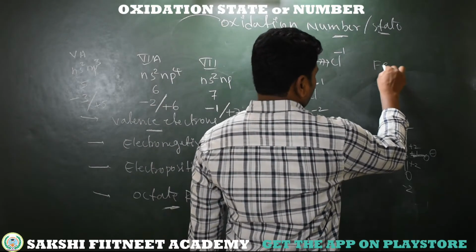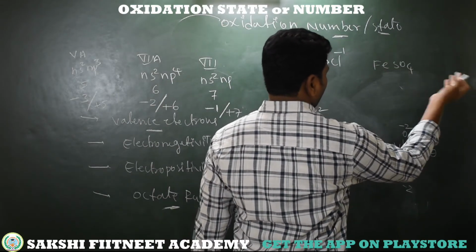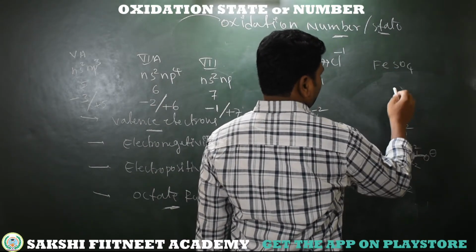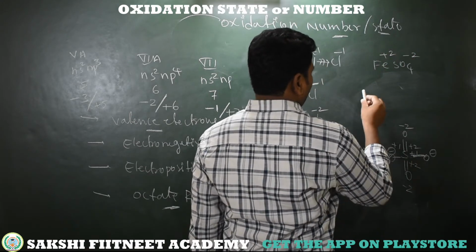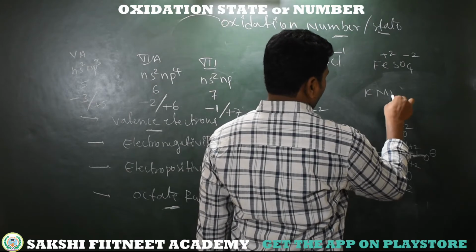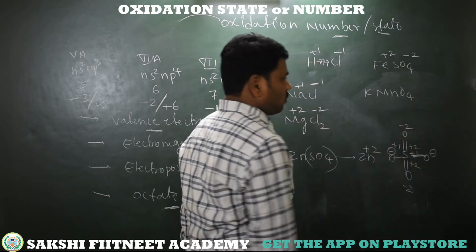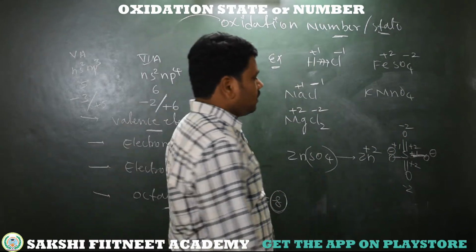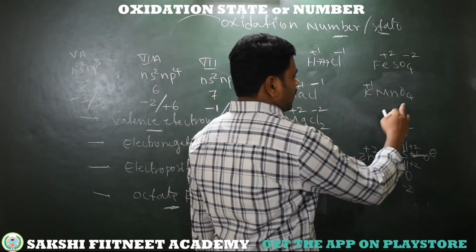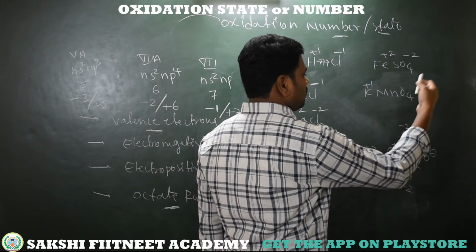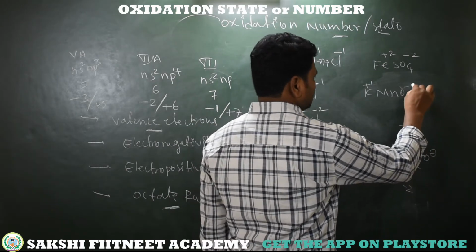I'm taking another example. This is FeSO4. So overall SO4 exhibits -2, so ferrous should be +2. And what about potassium permanganate, KMnO4. Potassium, it's a first group element, so +1. And what about this oxygen, -2 into 4, it's -8.